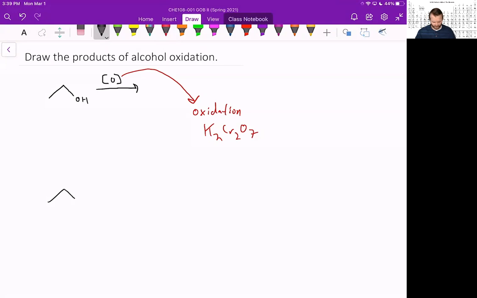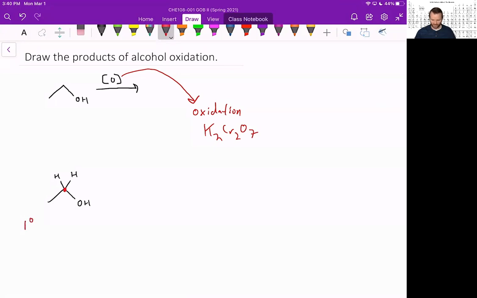Recall from an earlier video that this is a primary alcohol because the carbon that I'm highlighting in red there is only bonded to one other carbon atom. So this is a primary alcohol.